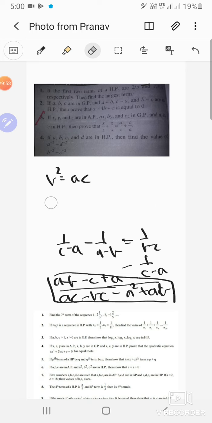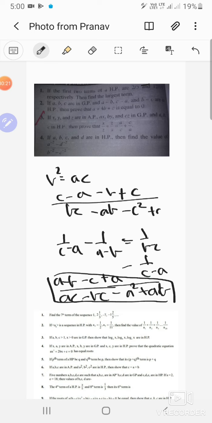Fine. The right hand side is going to be, well, let's see, C minus A minus B plus C upon, so you have minus BC, then oh sorry, not minus BC, plus obviously, so BC minus AB, and then minus C squared and plus AC.